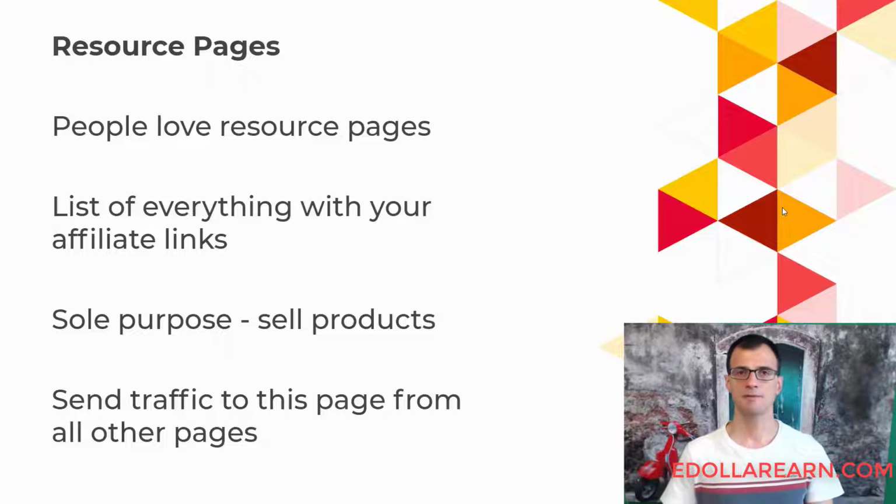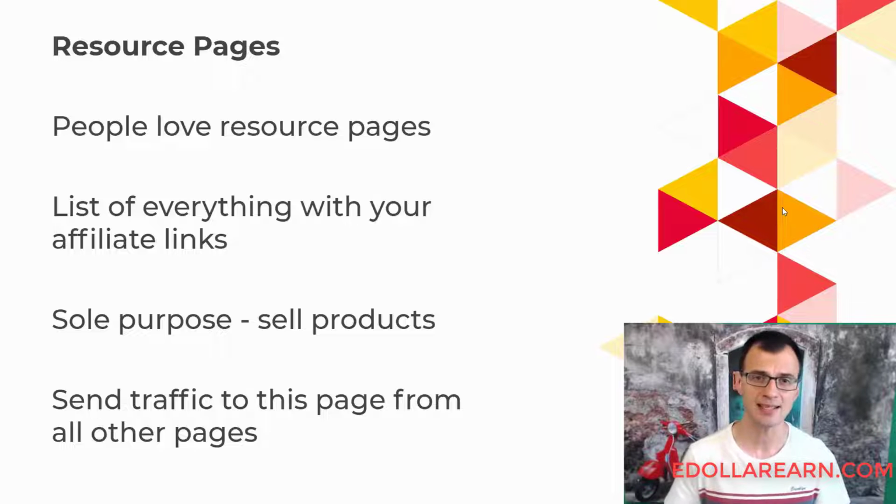So for example, if your target market is young parents, and your website is about things for young parents, then you might have a resource page with links to the best baby strollers, best swaddles, best baby toys, all of the things that a young parent or young family might need. If your website is about how to brew beer at home or how to brew different things at home, then perhaps your resource page could be a page with Amazon affiliate links to all the different things that people might need in the process of brewing beer at home.